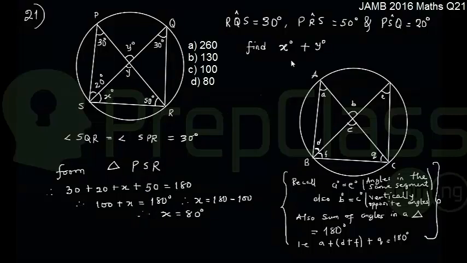Now we need to find the value of y, but x and y are also in the same triangle. Do we notice that we have a triangle here? If this is the center O, we have a triangle.